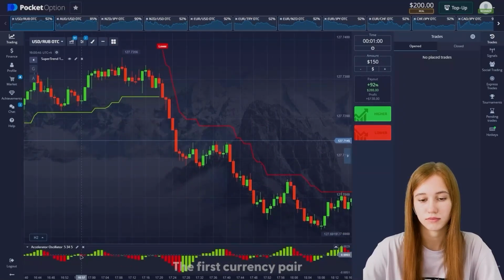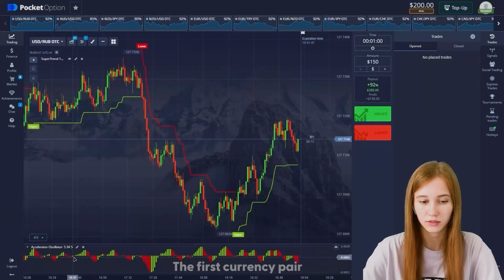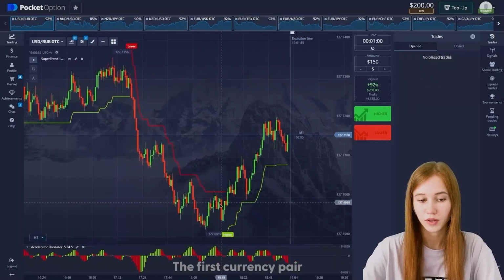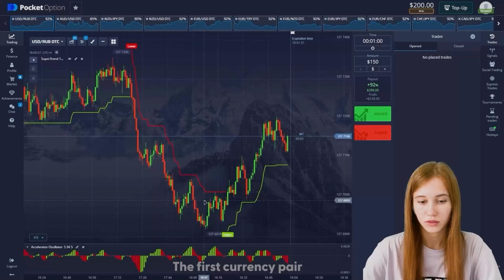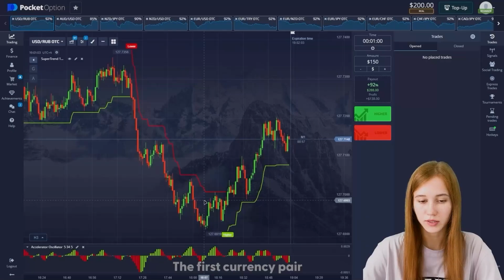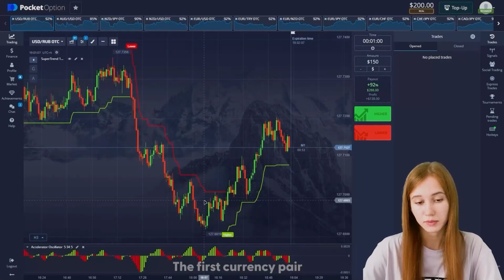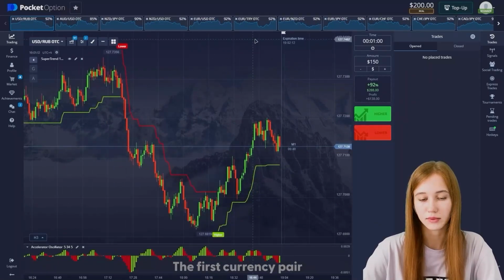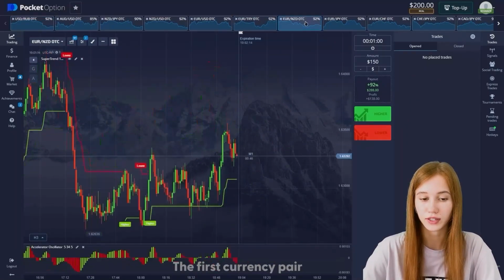That's like here, here. So two green bars above and two red bars below the zero line are a sell signal. I think I explained everything to you, and I suggest switching to the first currency pair and starting trading.